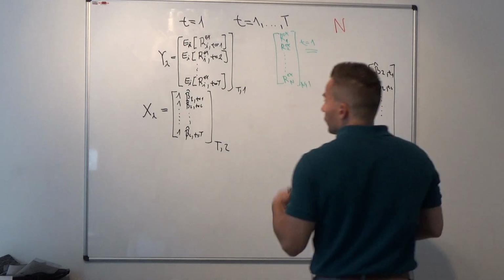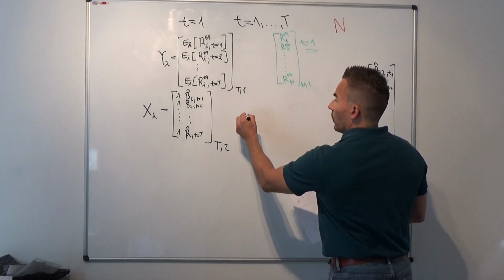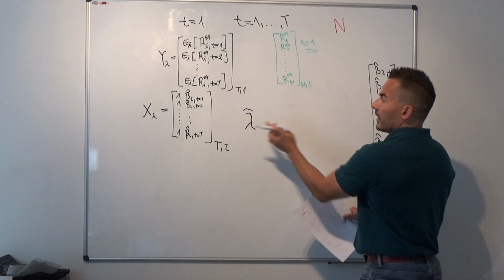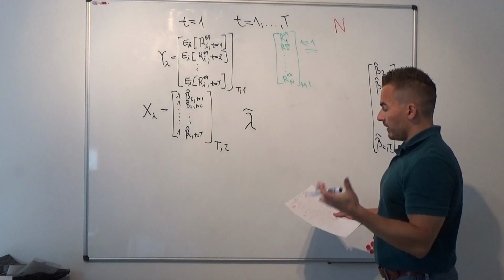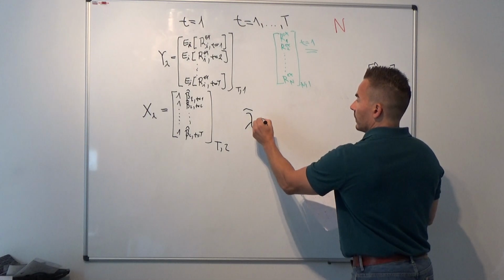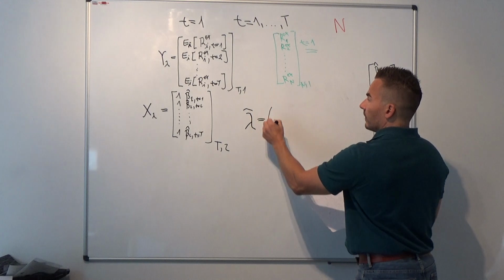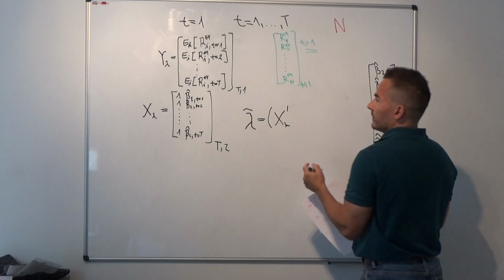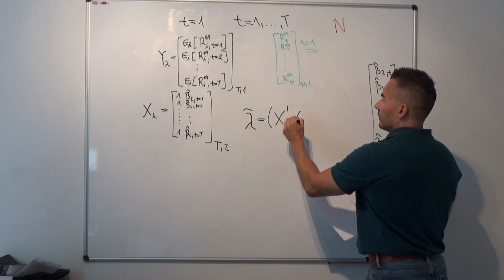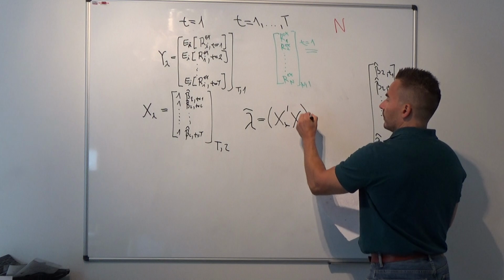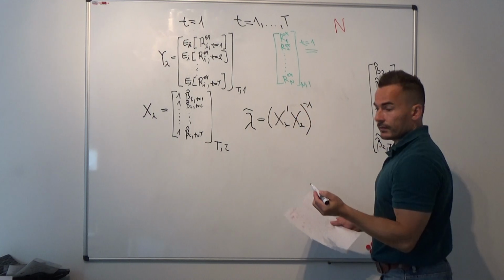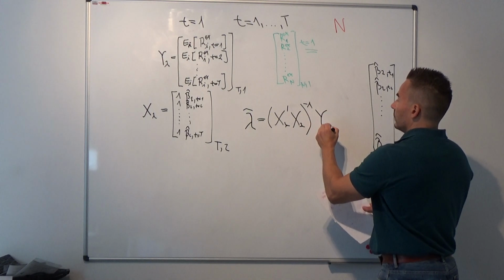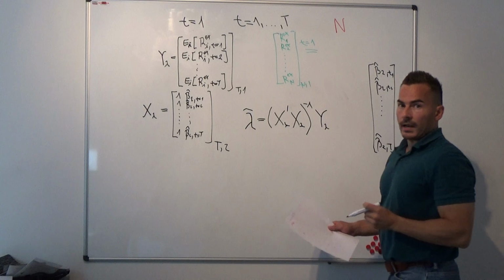So now our vector lambda hat that consists of the risk premiums, we can estimate as X lambda transposed, times X lambda, inverted, times our vector Y lambda.